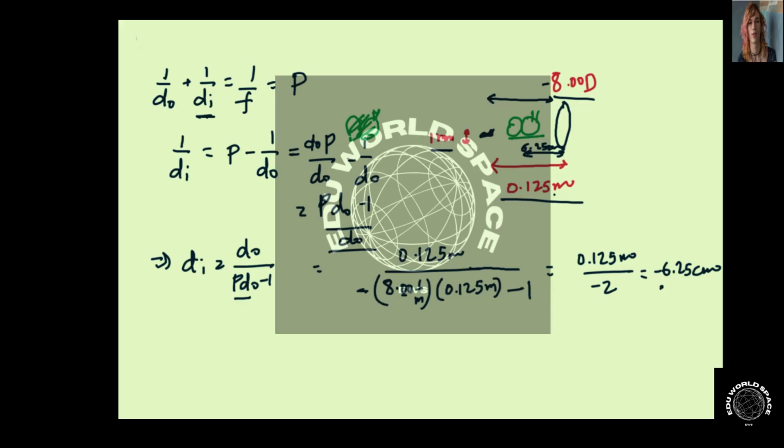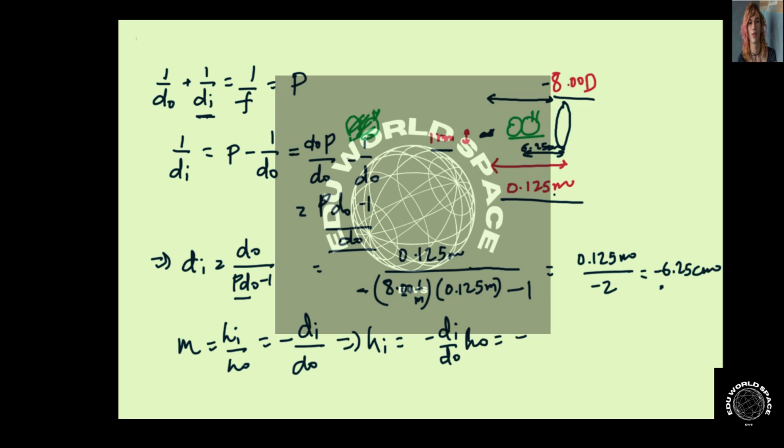Now to find the height of the image, we simply use the formula for magnification. We know that magnification is height of image divided by height of object, which is the same as minus distance of image by object distance. So using this, we know that image height is simply minus di by do times the height of the object.